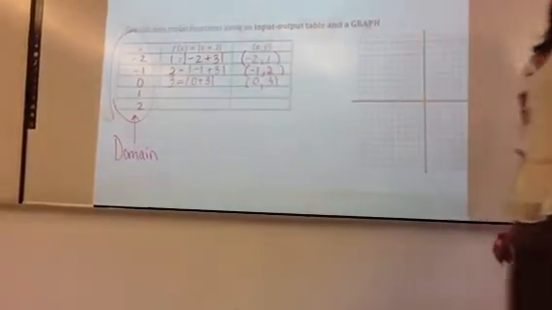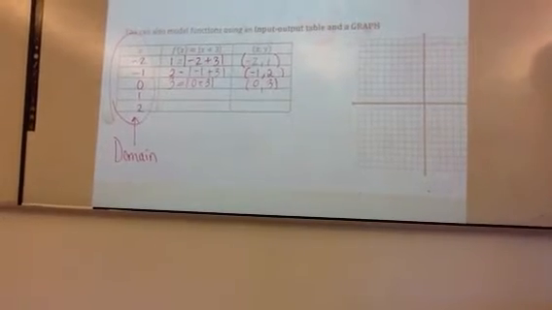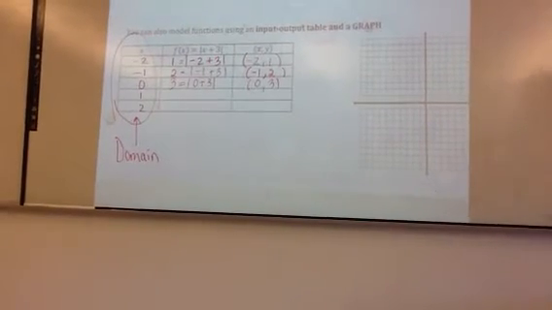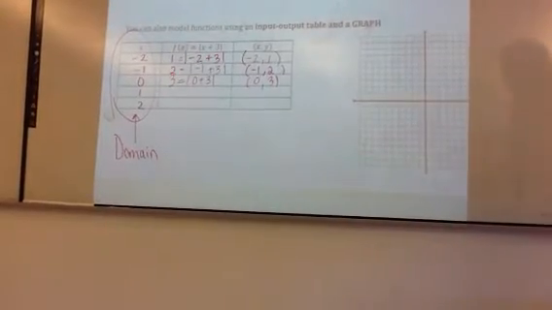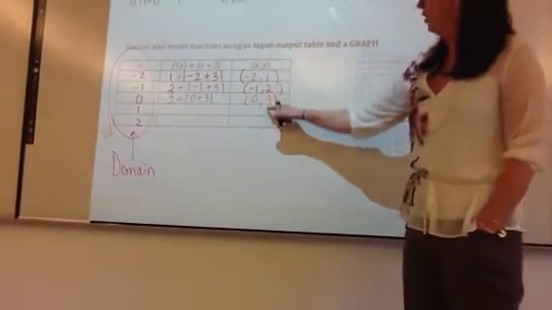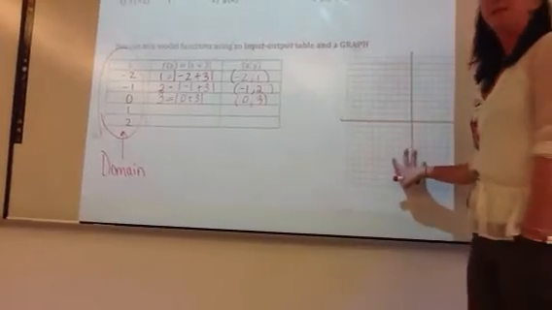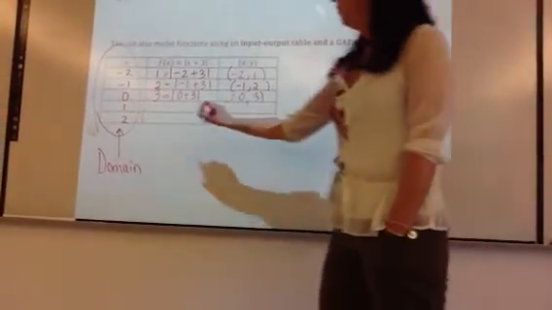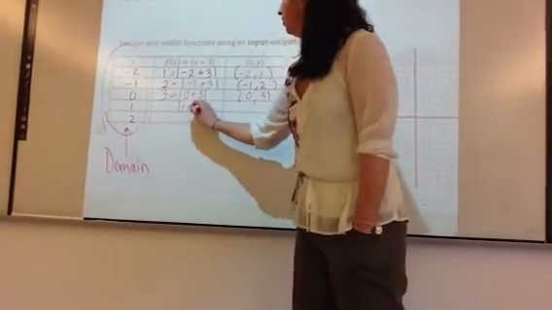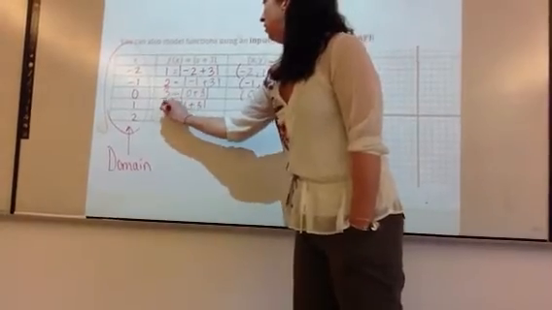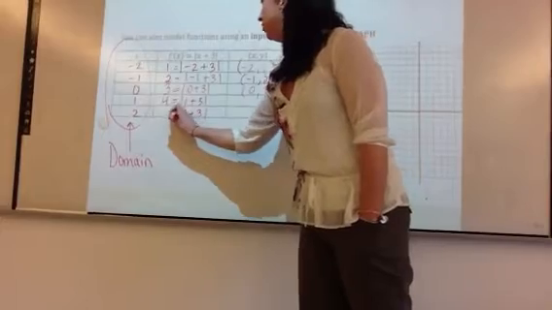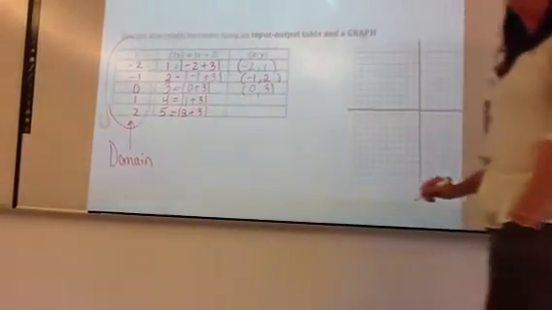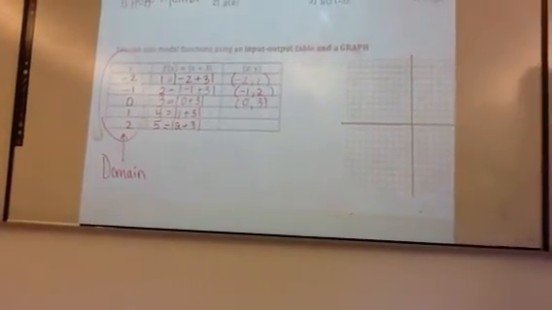So we've got a nice set of coordinate ordered pairs. Input, output, domain, range. And as soon as we're ready to finish this, we're going to put them right on our graph, just like you know how. So we finish here. 1 plus 3 and 2 plus 3.